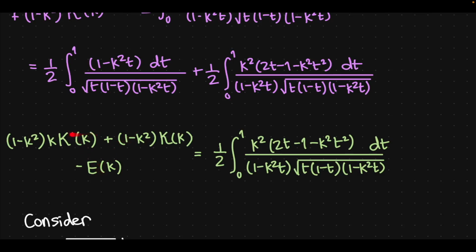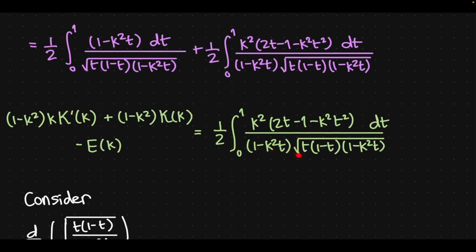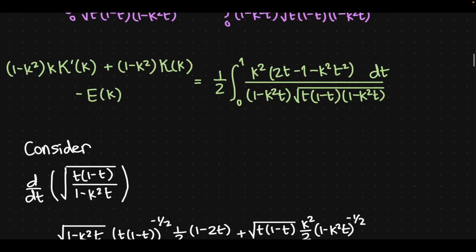So the left side becomes (1 minus k squared) times k times capital K prime of k plus (1 minus k squared) times capital K of k minus E of k equals 1 half integral 0 to 1 of k squared times (2t minus 1 minus k squared t squared) divided by (1 minus k squared t) square root t times (1 minus t) times (1 minus k squared t). Here's the twist. How do we evaluate this integral?